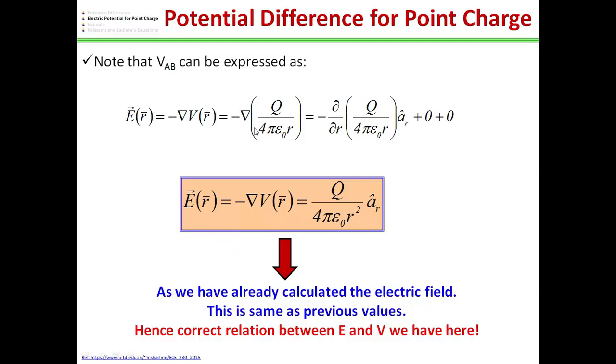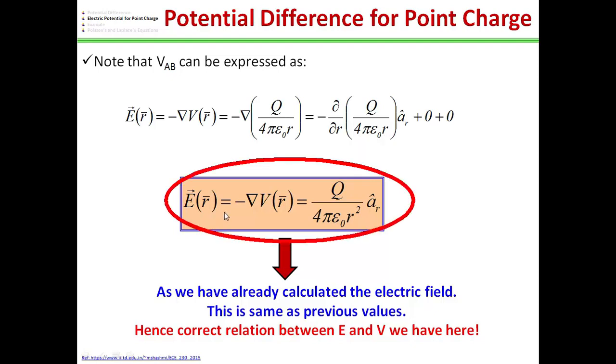So we know that for the point charge, potential is given by Q by 4 pi epsilon naught r. So we will find the gradient of Q by 4 pi epsilon naught r. So we will differentiate with respect to r. So we can write minus del by del r of Q by 4 pi epsilon naught r, a_r, and the rest of the components are 0.